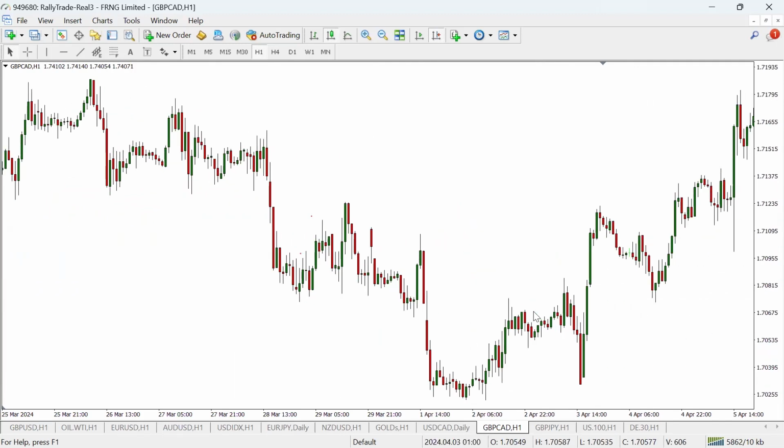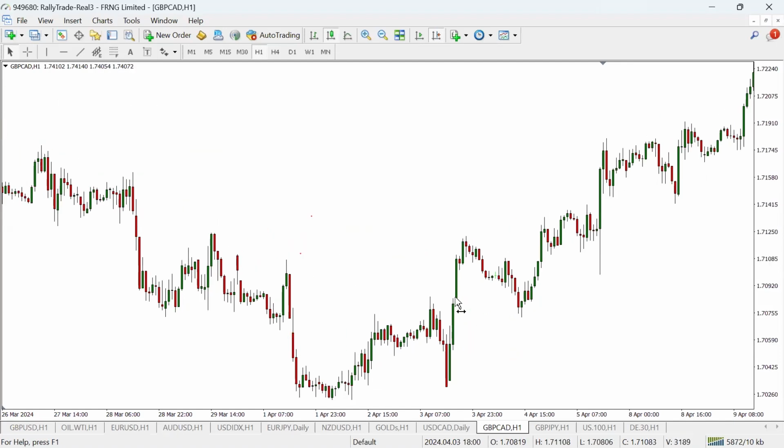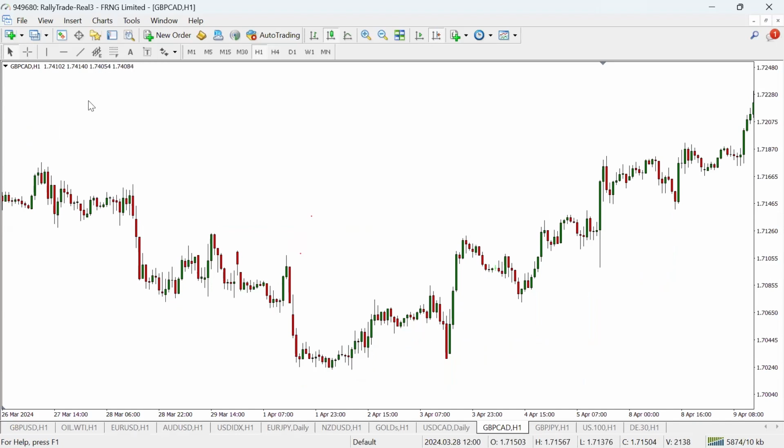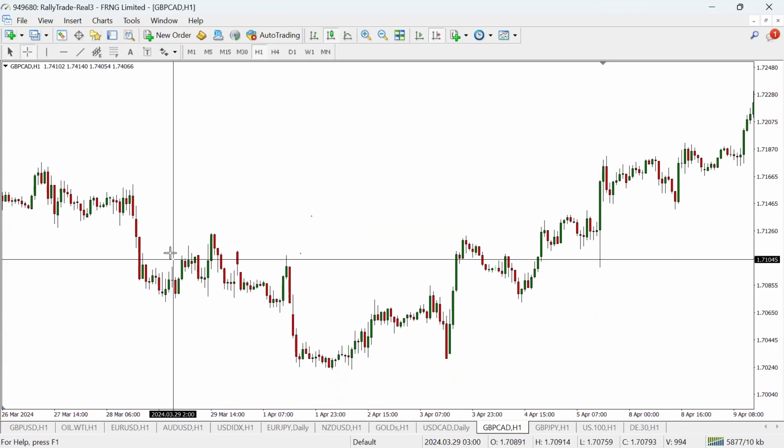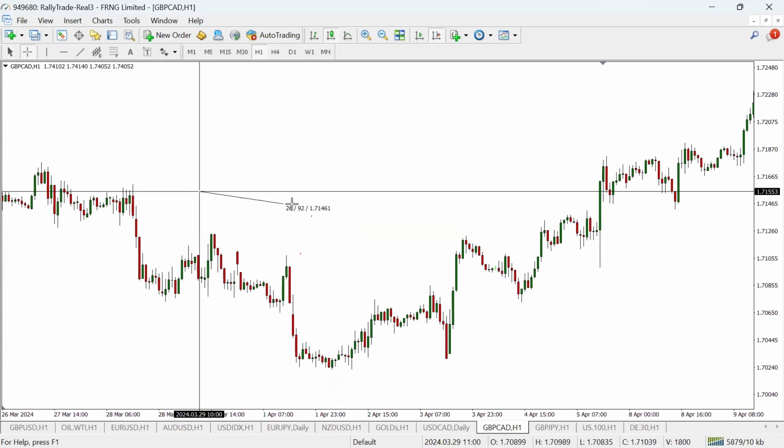Now there are situations whereby the market never just goes in a downtrend forever or in an uptrend forever. How do you know when the trend is about to change? The first thing you get to know is that for a downtrend, the market creates lower highs and lower lows.